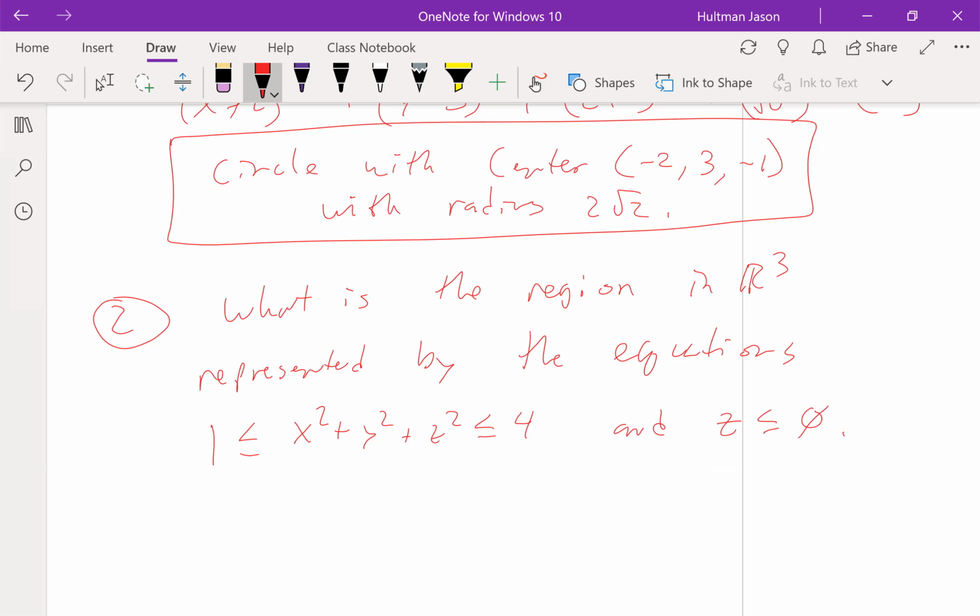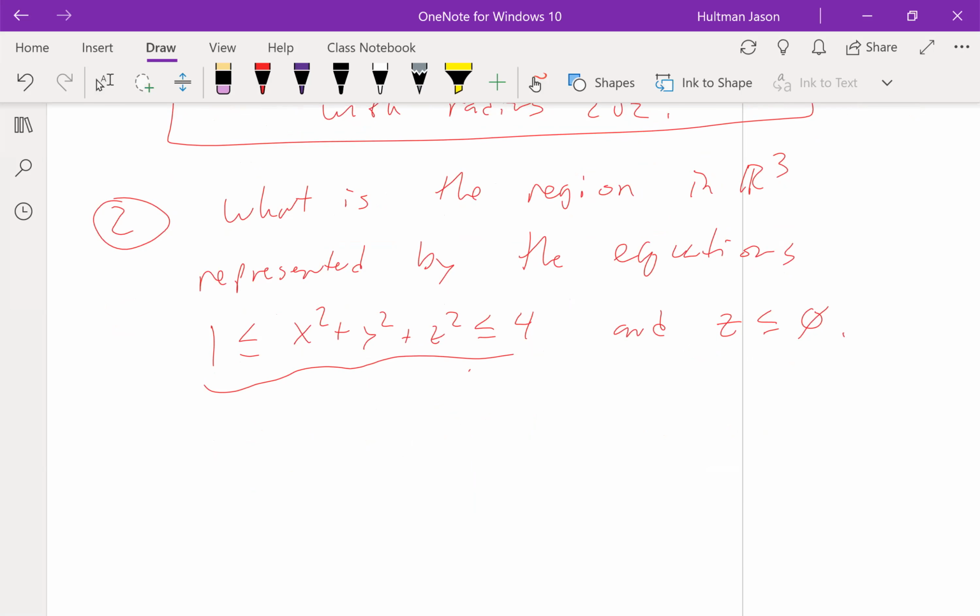Well, this one is the equation of a couple of spheres. It's actually a sphere centered at the origin. So maybe I'll use black on this one. That's a sphere centered at the origin. And what about it?